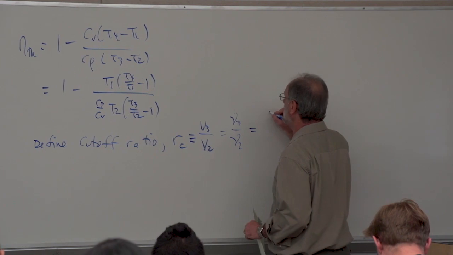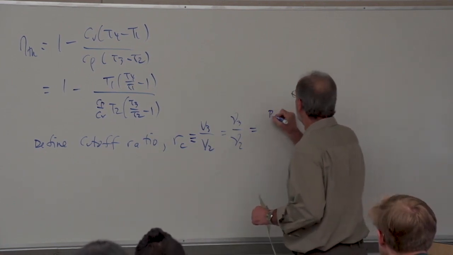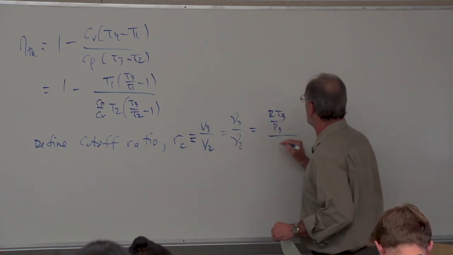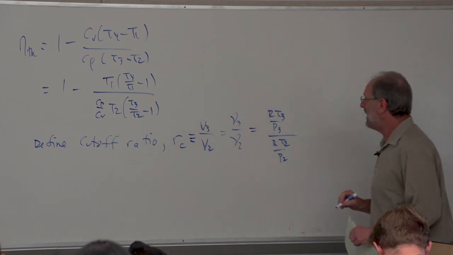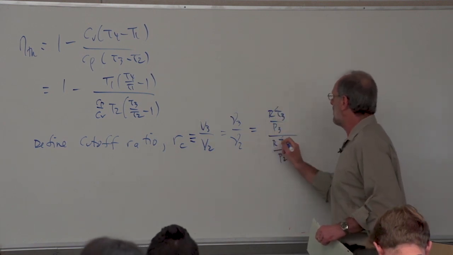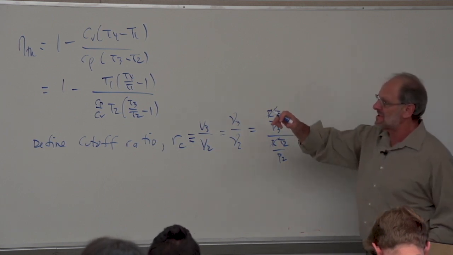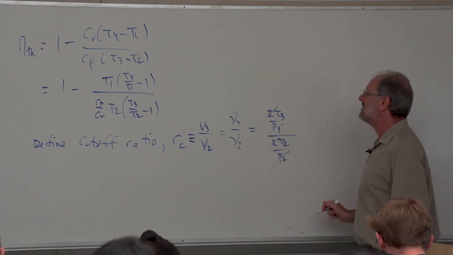So this is also going to equal, for V3, we'll just replace it with an RT3 over P3. And for V2, we're going to replace it with an RT2 over P2. Let's keep in mind that R is just our gas constant. It cancels. Let's also keep in mind that it's a constant pressure process from 2 to 3. So P2 and P3 are the same, so they cancel.